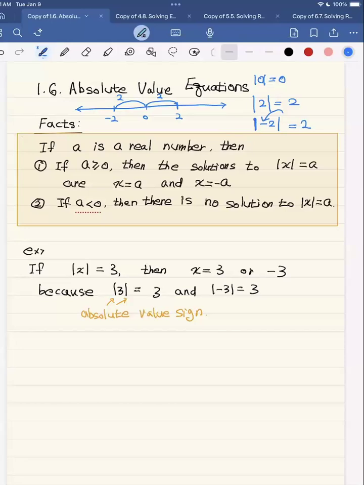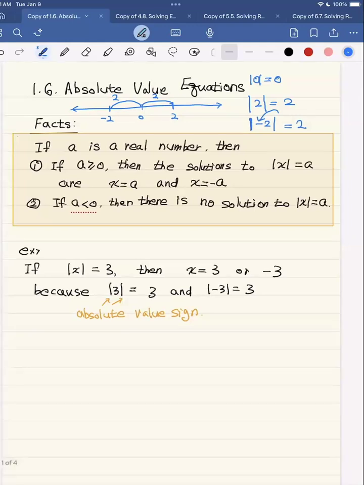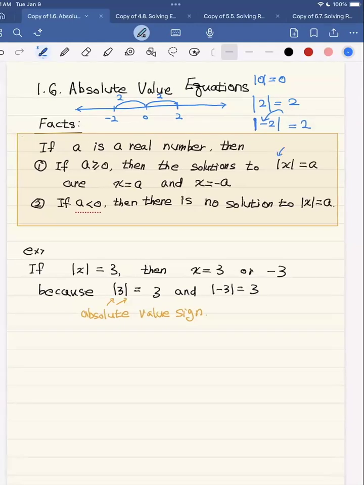This time, we want to consider the absolute value equation. The unknown number, x, is in the absolute value sign. These small vertical lines mean the absolute value sign.